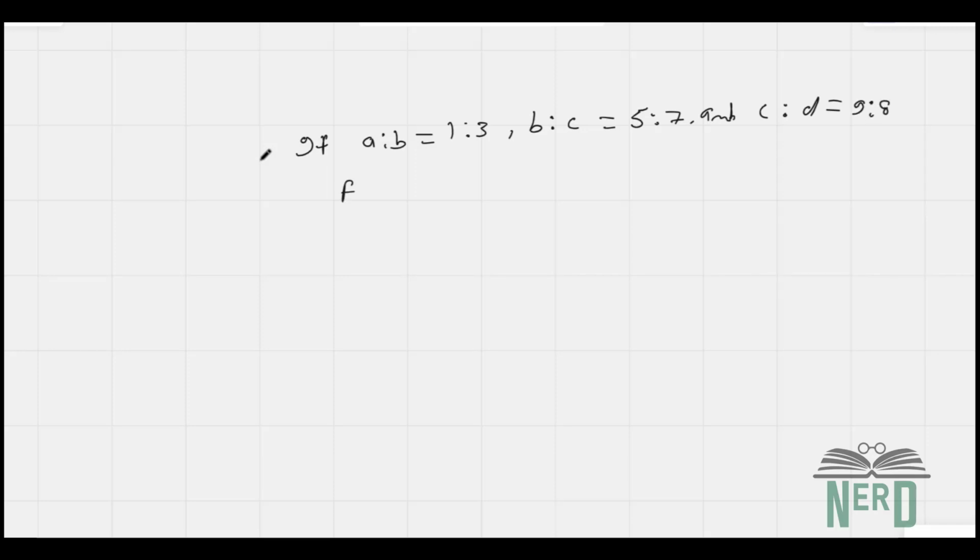So we have to find A is to B is to C is to D. So A and B's value is already there, 1:3, and B and C's value is already there, which is 5:7, and C and D's value is there, which is 9:8. Now how are we gonna solve this?